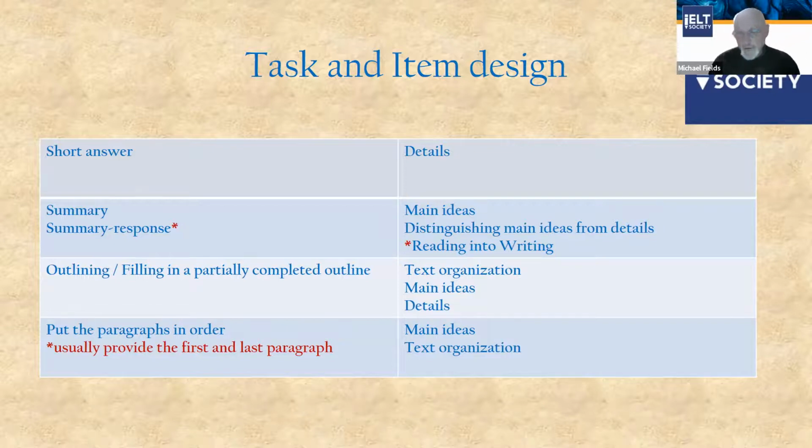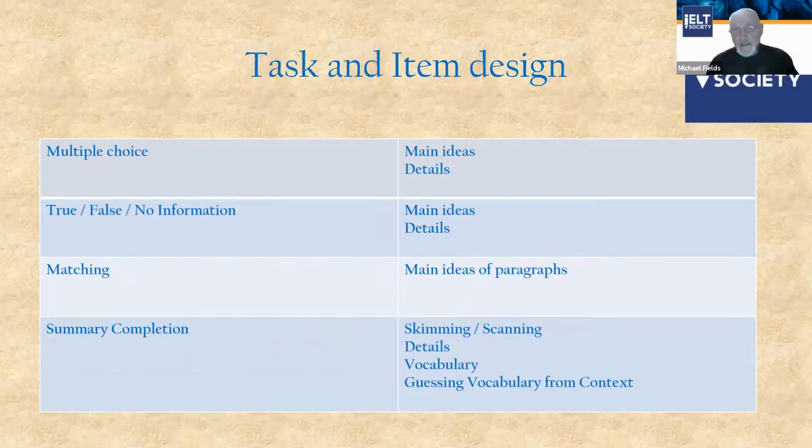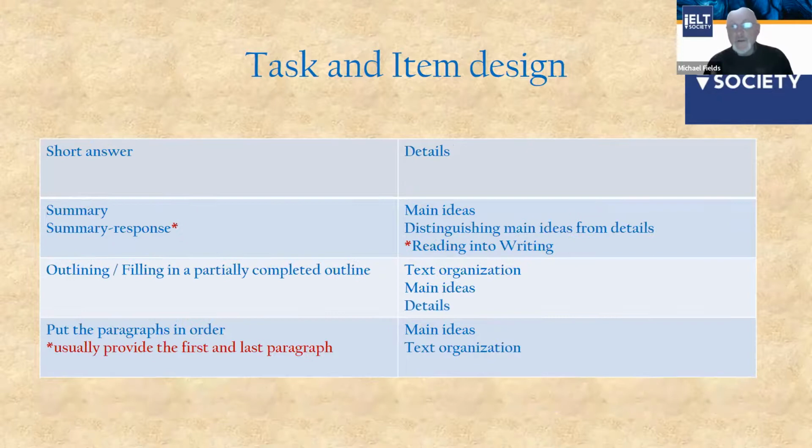Those that I gave you on this slide are very easily measurable. These are perhaps a little more difficult to measure, but maybe going more towards what Harwan is saying. So short answer items, where you ask a question, and students have to read something and write out a short answer to show details.